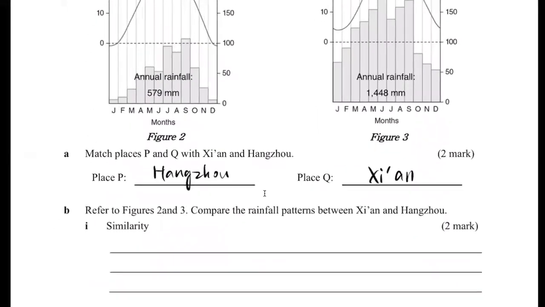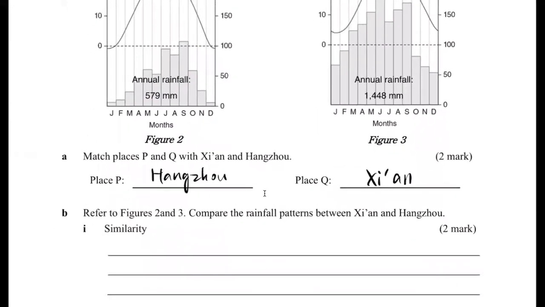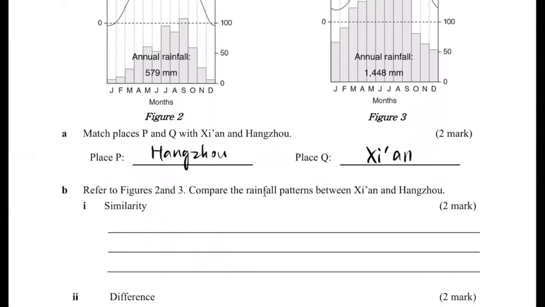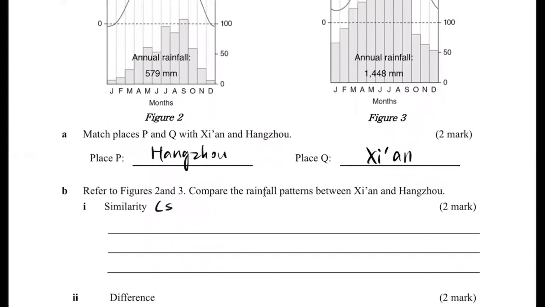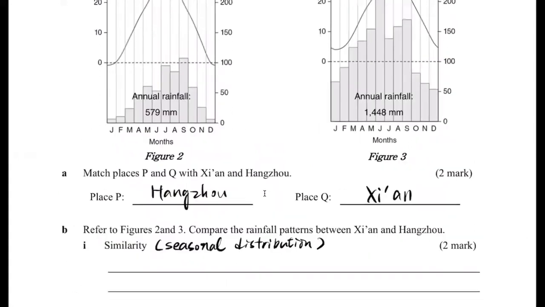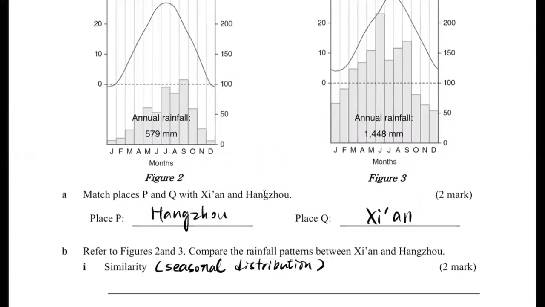So refer to figures 2 and 3. Compare the rainfall pattern between Xi'an and Hangzhou. For the similarity, we should look at the seasonal distribution. What does it mean? Let's look at the summer.